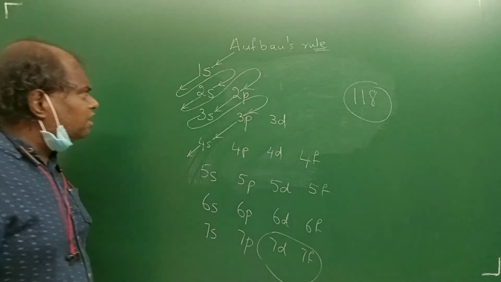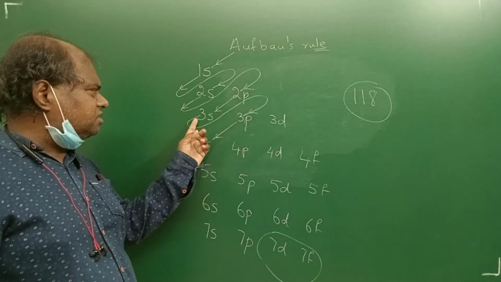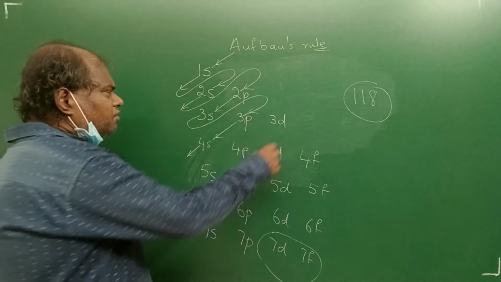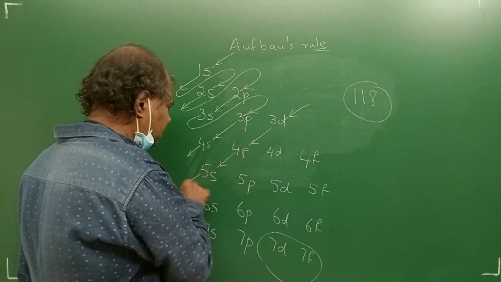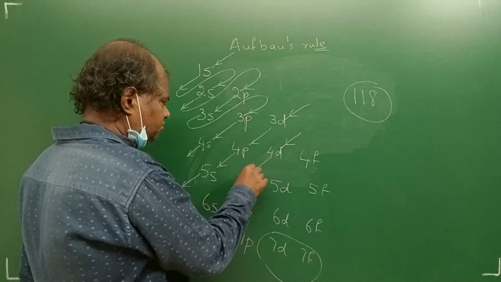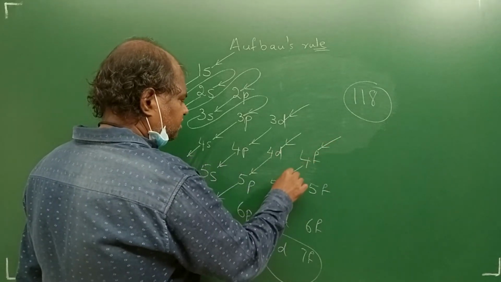Fine. So let me repeat now. First you'll fill the 1s, then 2s, 2p, 3s, 3p, 4s. Then you will fill the 3d. Now this is a shortcut way, like you need not remember any rule and all that, right? So, a very short way of filling electrons, right?